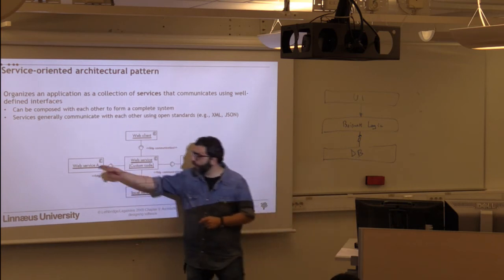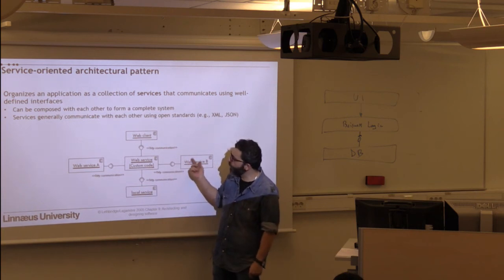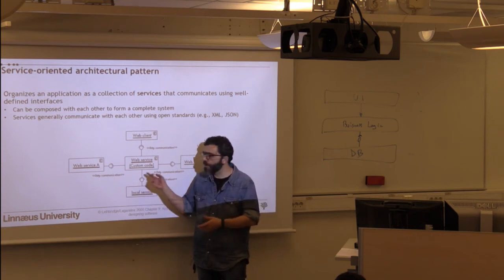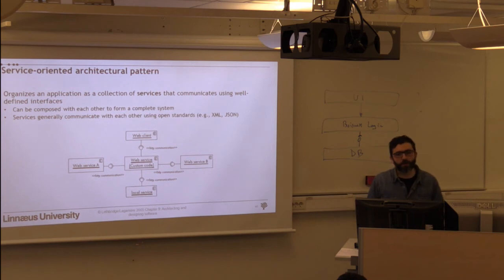How to implement this web service, then? They can be implemented as a layered architecture or as a pipeline or whatever. As we will see, all these architectural patterns that we are discussing now can be mixed up to create new architectural patterns.